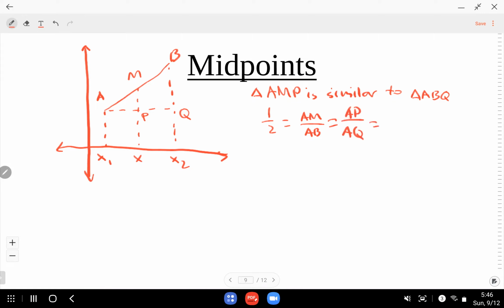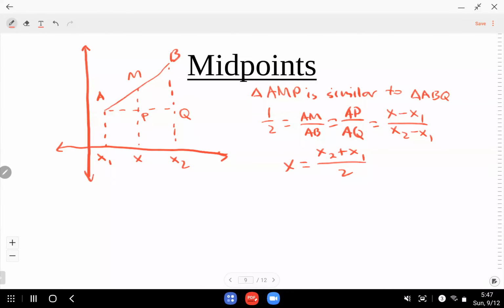And what is AP over AQ? That is actually x minus x1 over x2 minus x1. So basically, what would x equal? That's equal to x2 plus x1 over 2. All right, so that's how we get the midpoint of x.